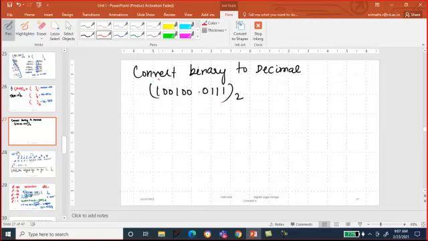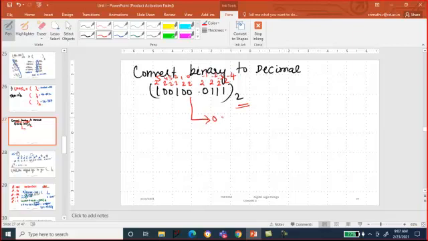So since your base or radix is 2, the weights are 2 power 0, 2 power 1, 2 power 2, 2 power 3, 2 power 4, and 2 power 5. And after the point they will be 2 power minus 1, 2 power minus 2, 2 power minus 3, and 2 power minus 4. Let me take the integer part first.